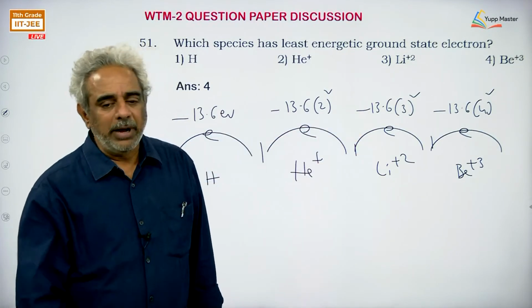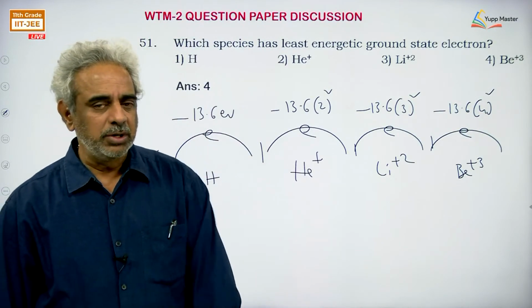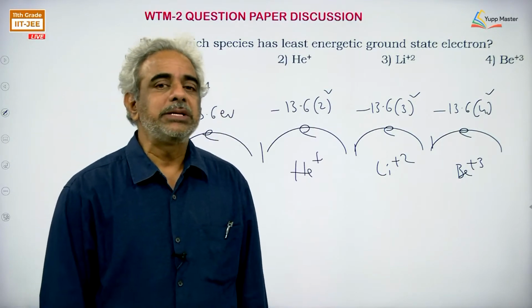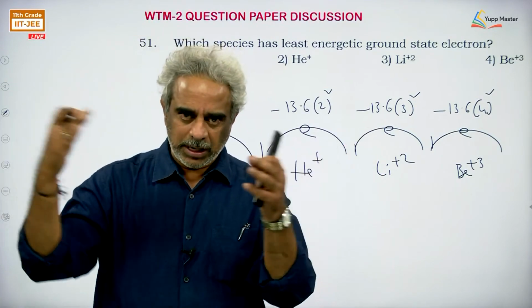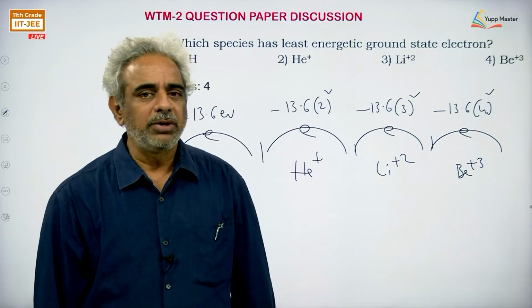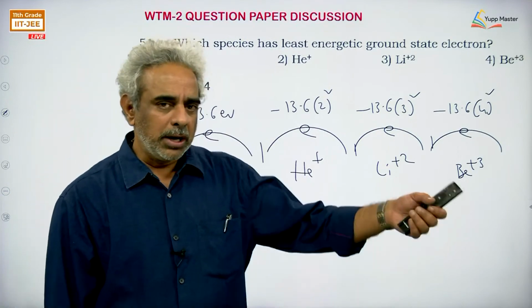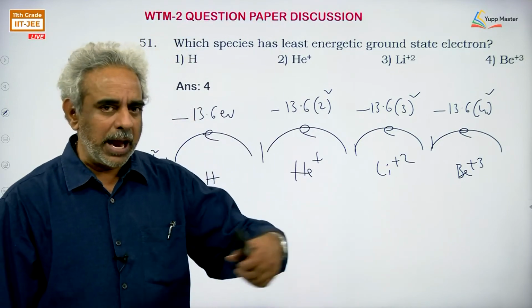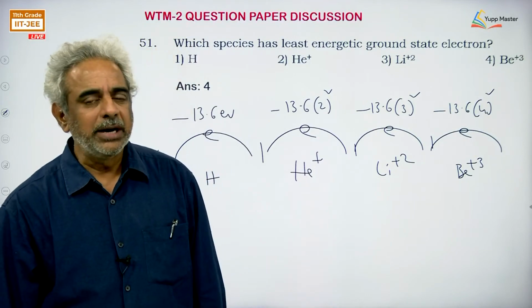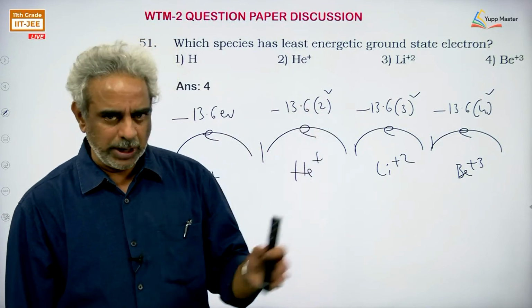The other day while teaching the physical meaning of the energy of an electron, I clearly mentioned that the energy of an electron is expressed as negative. Why is there a negative sign? Because the electron is coming from a free state and entering into the influence of an atom. It starts getting attracted towards the nucleus, and the deeper it enters into the atom, the closer it goes to the nucleus and the more energy it loses due to attraction.